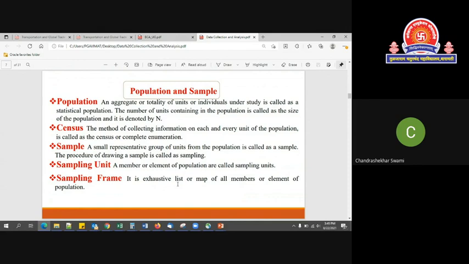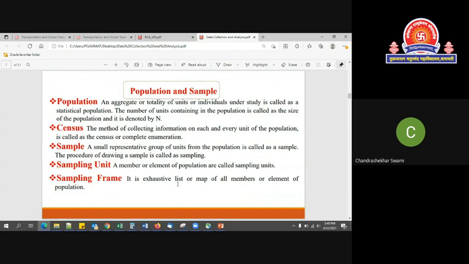The dictionary meaning of population is the number of people of a certain city, or village, or some college or some country. That means population is the number of people. But in statistics, the word population has a wider meaning.